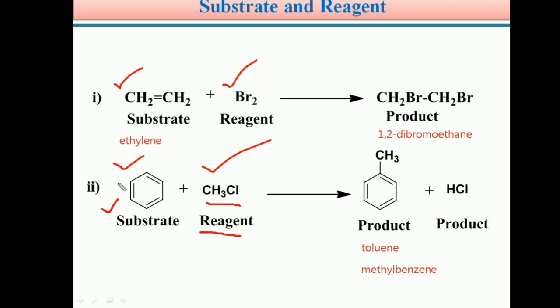So whenever benzene is treated with chloromethane, it forms toluene as a product. Therefore, in an organic reaction, if both reactants supply carbon to the new bond formation, the molecule on which more attention is focused is taken as a substrate and the other reactant is considered as a reagent.